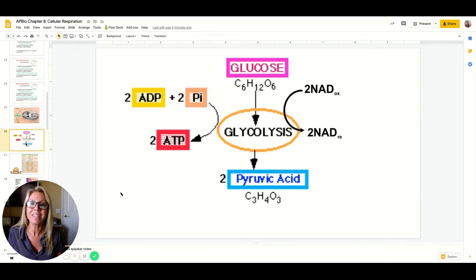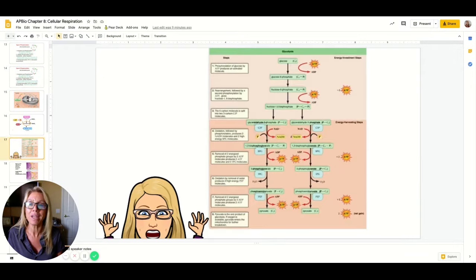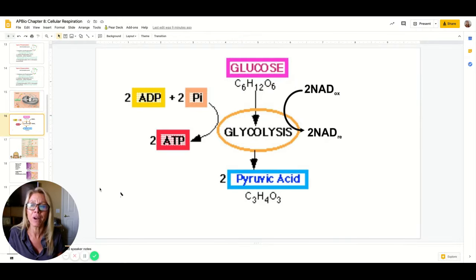We also went over the steps of glycolysis. Remember, it is a 10-step process, but I'm going to simplify it here in the Minecraft version. Ultimately, in the 10 steps, glucose is broken in half. It's 10 different steps, 10 different enzymes. Your end product is these 2 pyruvic acids. Along the way to get your party started, you have to invest 2 ATP, but you get 4 ATP back.